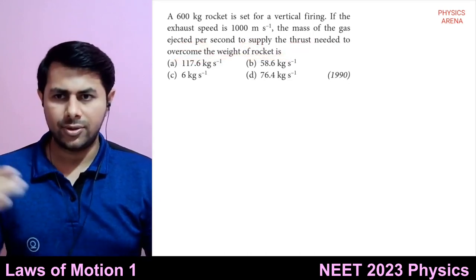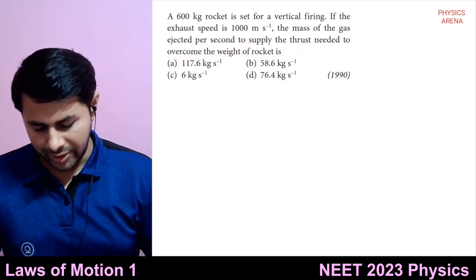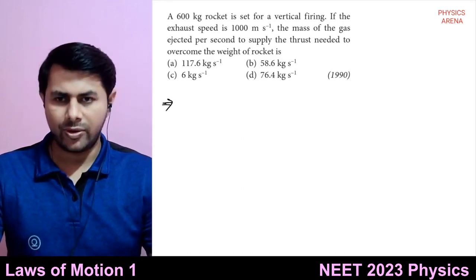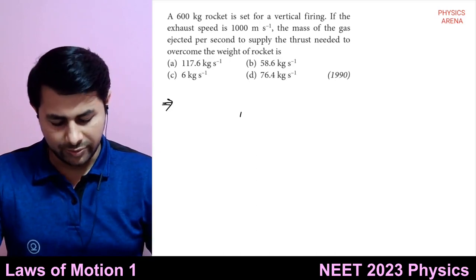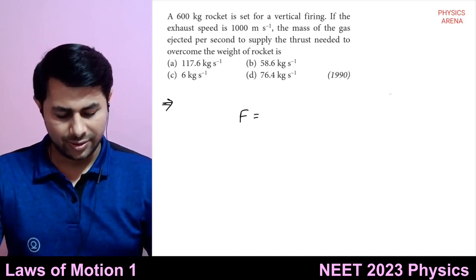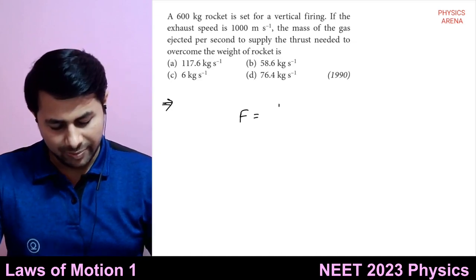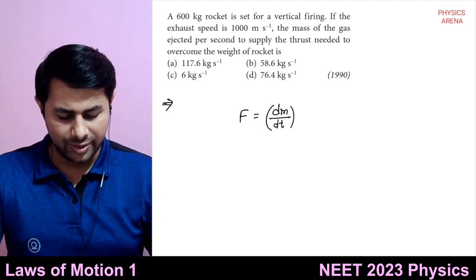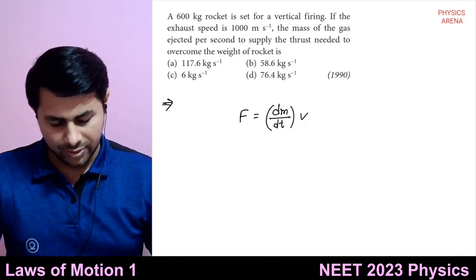Okay, so you want to overcome weight of the rocket. What's the formula here? Force is equal to what? For rocket, it is dm by dt multiplied with v.